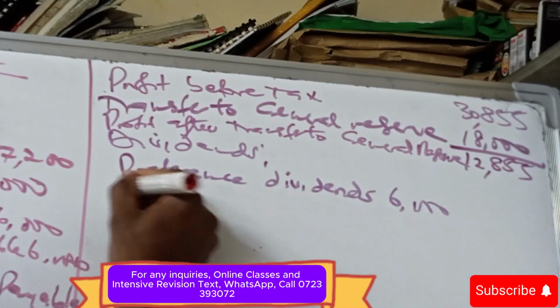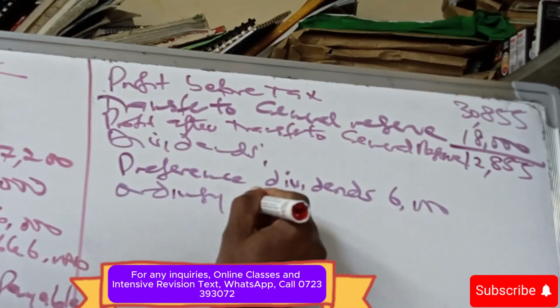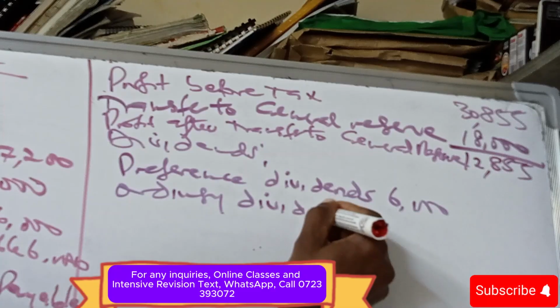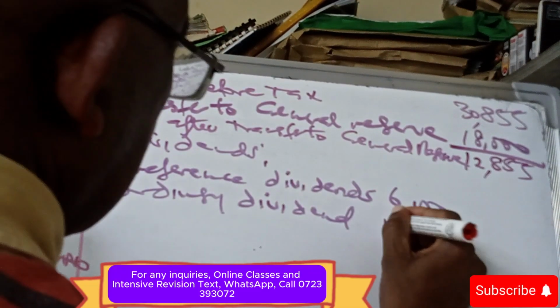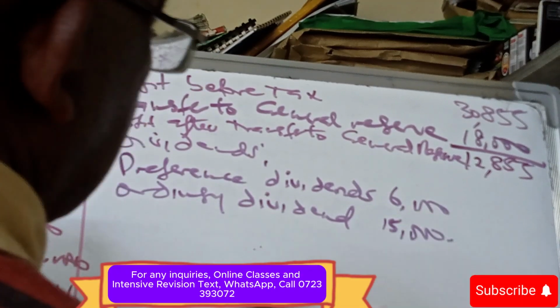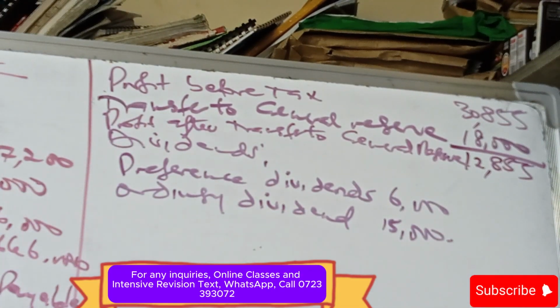Ordinary dividend of 15,000, giving us a total figure of 21,000.